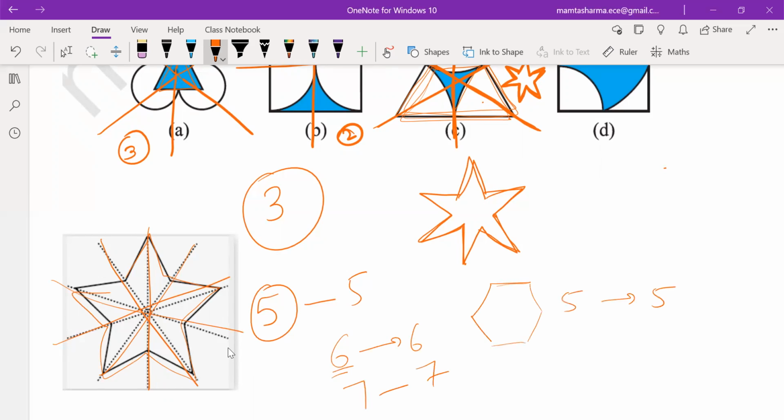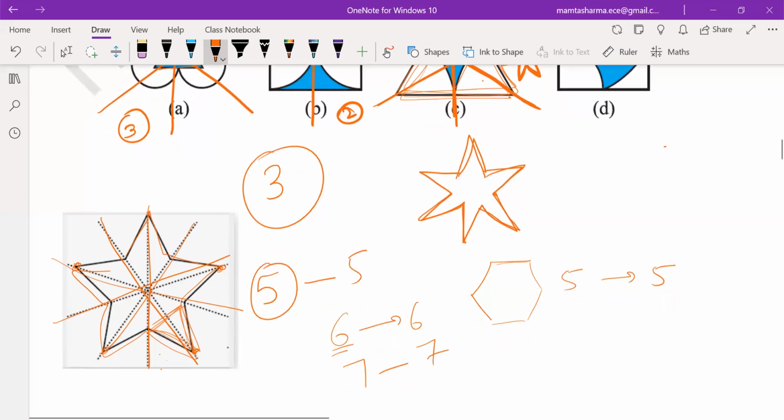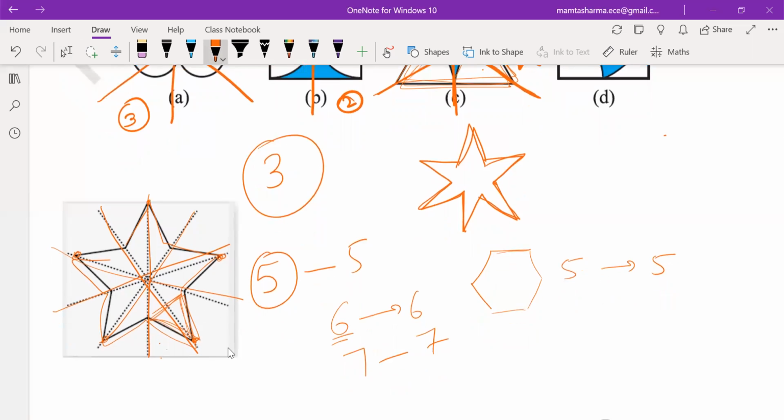If a star is a regular star, all sides and all angles are equal, then the lines of symmetry would be equal to the number of triangles in a star or the number of points in a star. What do you call this portion? Triangle only, right? Or you can say the points, the corners of the star. If it is a 7 corner star, then there would exist 7 lines of symmetry.